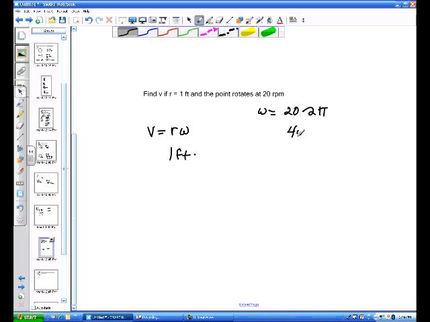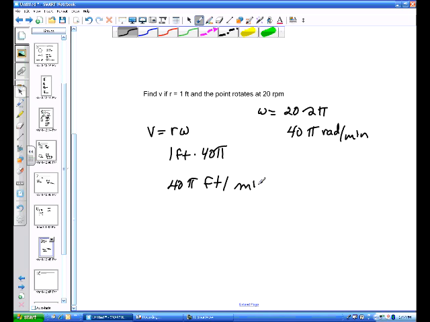We had 20 revolutions. Each revolution went through 2 pi radians. So our angular velocity would be 40 pi radians per minute. So we end up with 40 pi feet per minute.